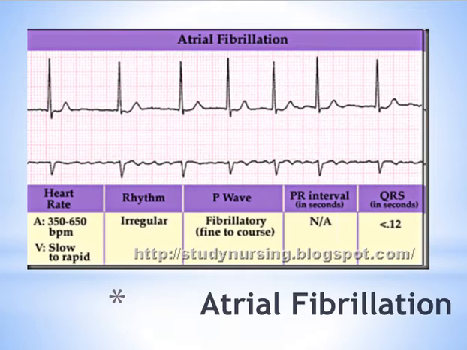Sometimes, in addition to anticoagulation, we have to give them medicine to help control their heart rate because it wants to go too fast. And a common medication prescribed for this is digoxin.